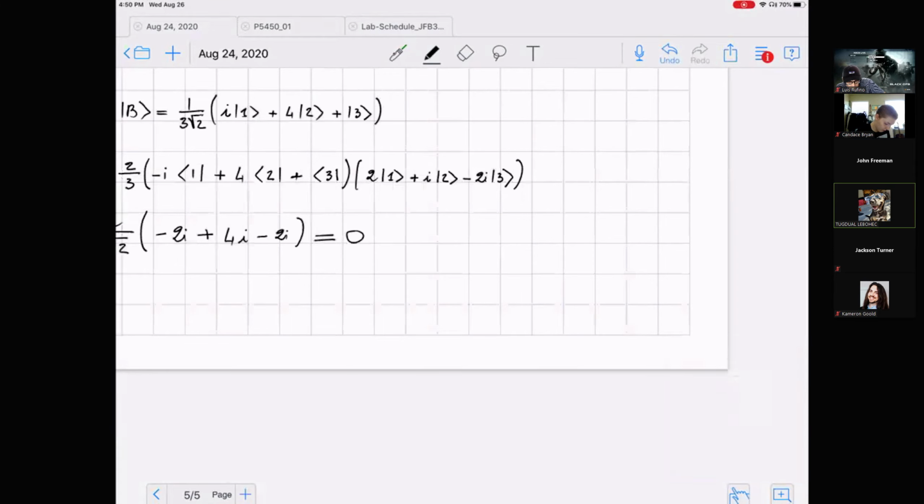So when we have two vectors whose inner product is equal to 0, we say that they are mutually orthogonal.